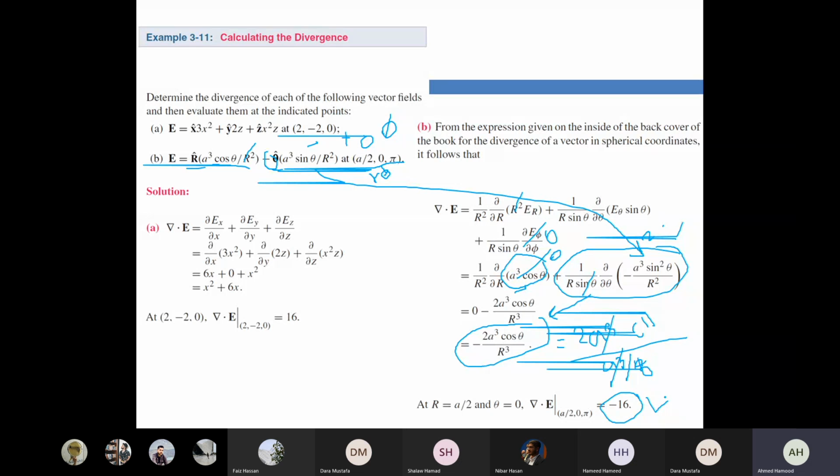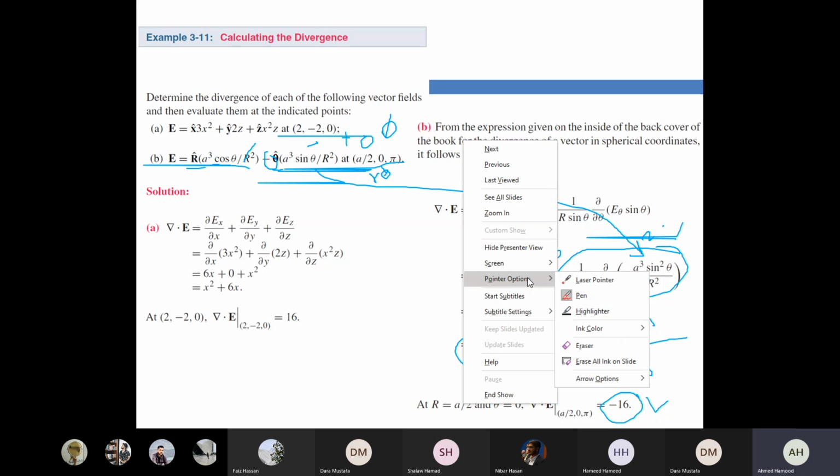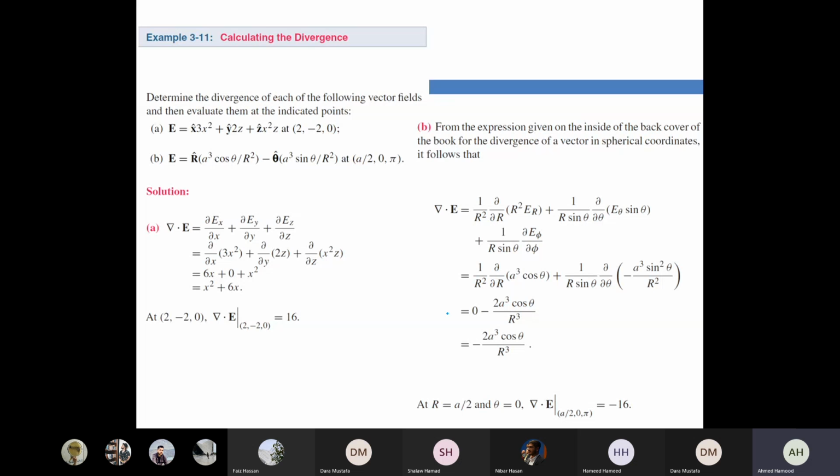Is it clear? Do you have a question, guys, based on this? Okay, if you don't have questions, this is also a very simple one, as long as you know how to do the differentiation part. Please, guys, if you find any difficulties with the integration part or the differentiating part, feel free to contact me through Teams.